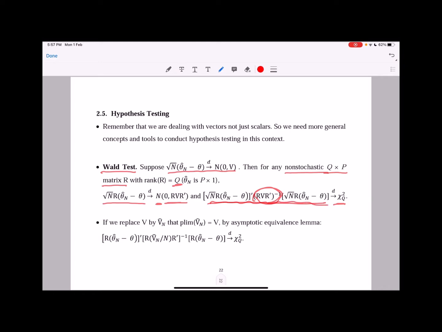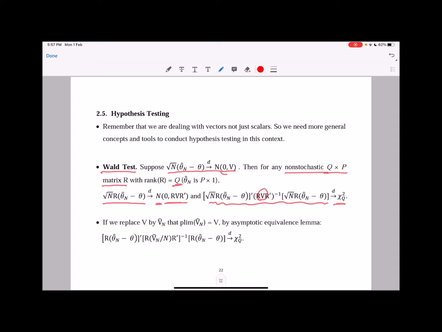Note that there are still some unknowns here. First of all, we don't have V yet. V is the variance of the normal distribution. We don't have that, but usually we can easily get a consistent estimate for it.